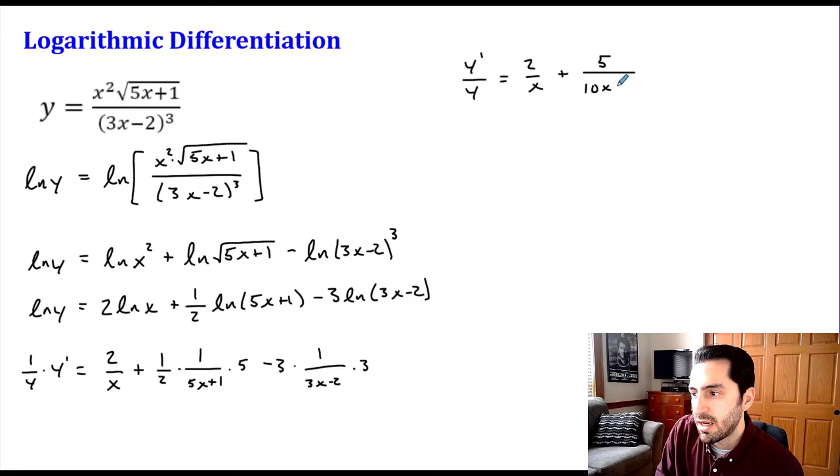So that's going to give me 10x plus 2. And then our last term, we have 3 times 3 in the numerator, so that's minus 9 over 3x minus 2. I want to isolate y prime, so I'm going to multiply both sides by y. So y prime is equal to y times all of this stuff.